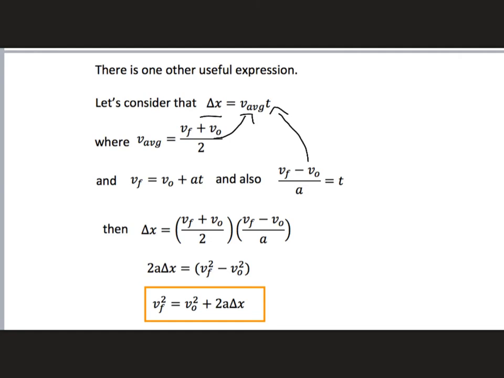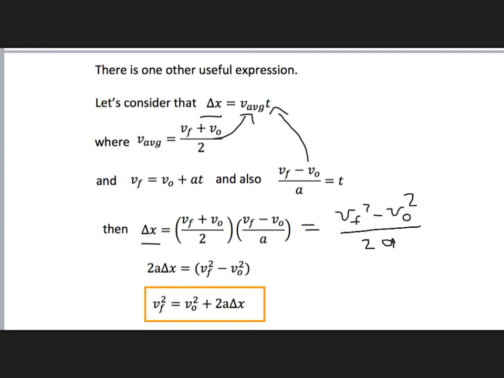And so I get my delta x here. Delta x is v final plus v initial over 2, and then I have v final minus v initial over a. And look at what I have. This is something that I can FOIL out. And when I FOIL this out, I end up with delta x equal to v final squared minus v initial squared over 2 times the acceleration.